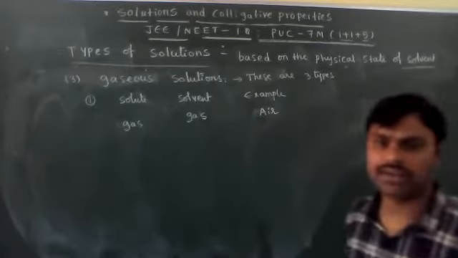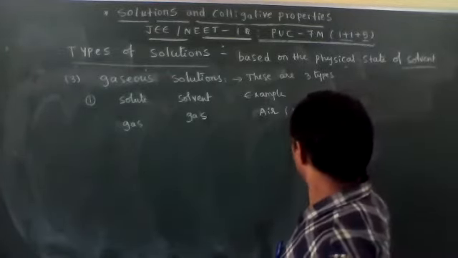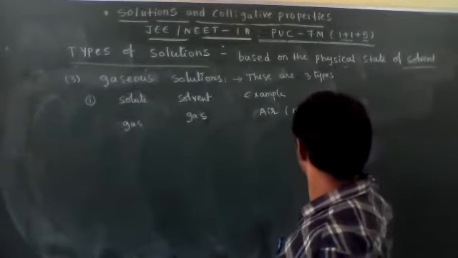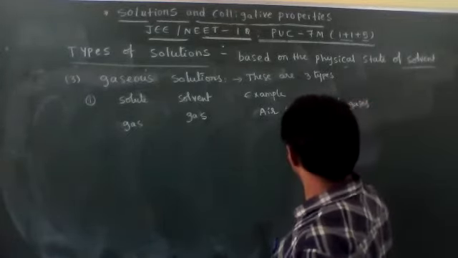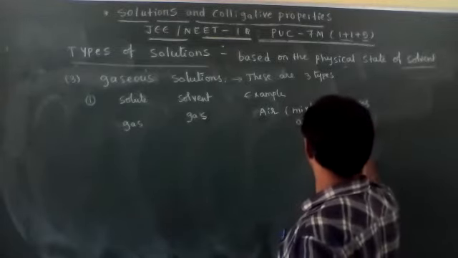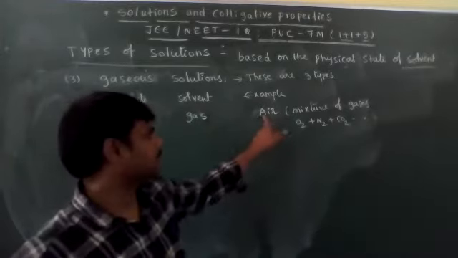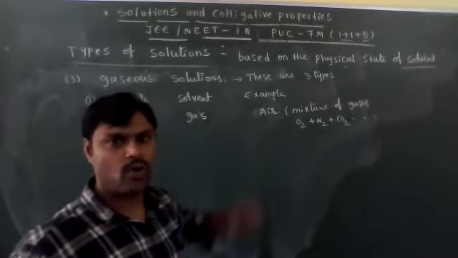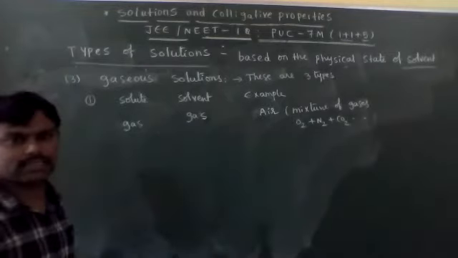Air is a mixture of gases like O2 plus N2 plus CO2, all present in air. This mixture of gases, air, is an example for a homogeneous mixture only. That's why it belongs to gas in gas.